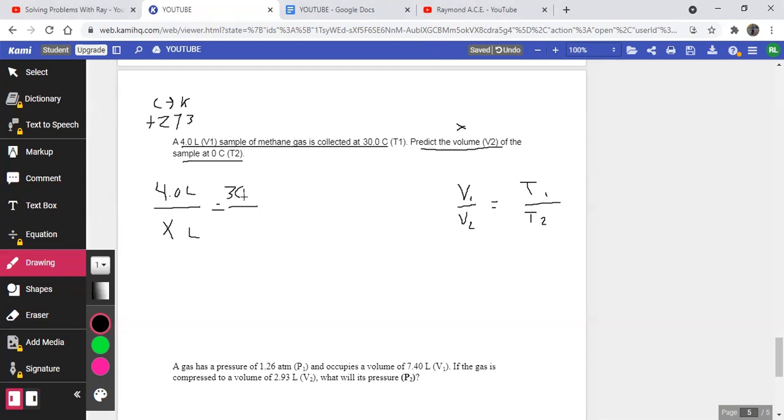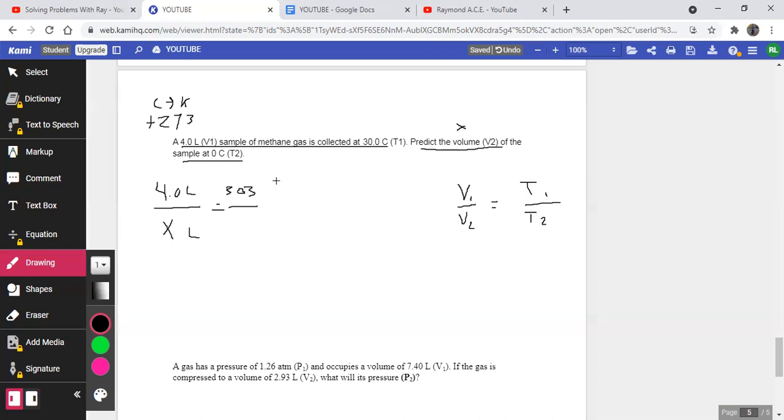So 30. Oh, you see? It can't be 30 because we need to add 273. Using my trusty calculator, 273 plus 30 is 303 Kelvin.